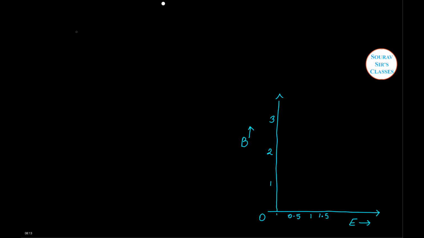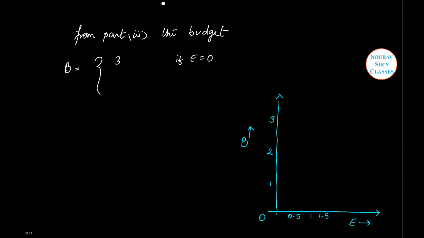So what we have from part 3 is that the budget looks like B is equal to 3 if E is equal to 0, that is, consumption of electricity is 0, 2 minus E if E lies within this range, and 1.5 minus 2E, within brackets, minus half if E is greater than half.